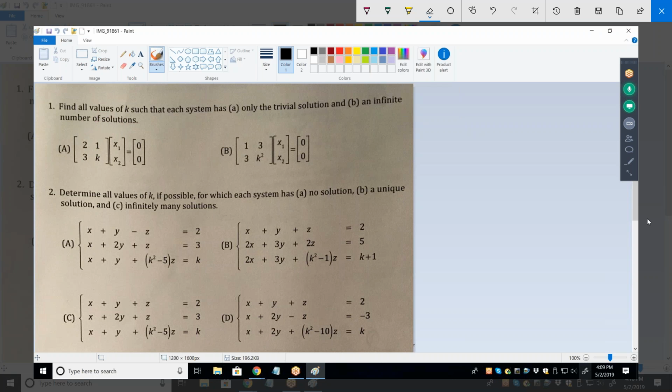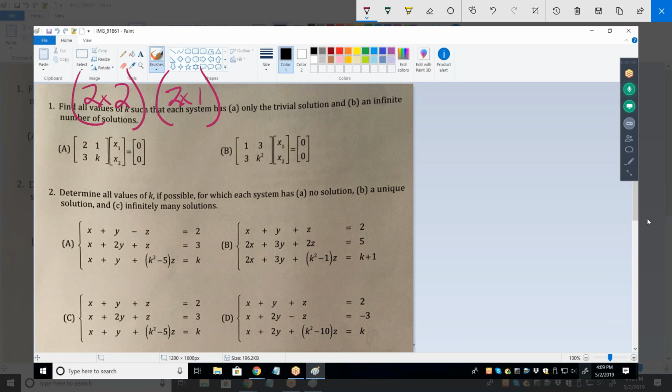Let's go ahead and multiply it together. What do you get? First of all, what are you going to get? We're doing a 2 by 2 times a 2 by 1. You're going to get a 2 by 1.